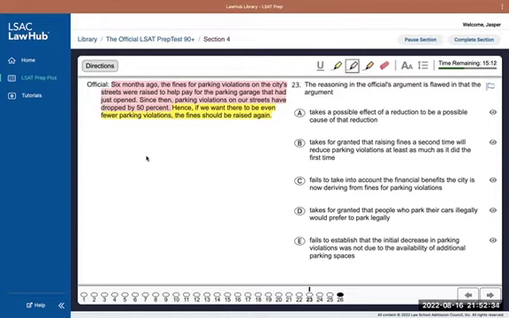So we have, because those things are close together in time, right? We see the parking violations drop shortly after the fines are raised.